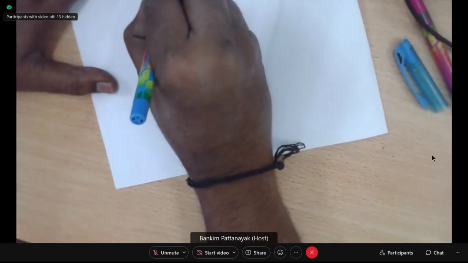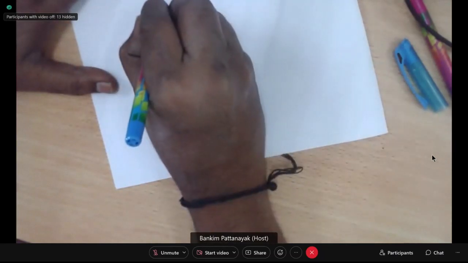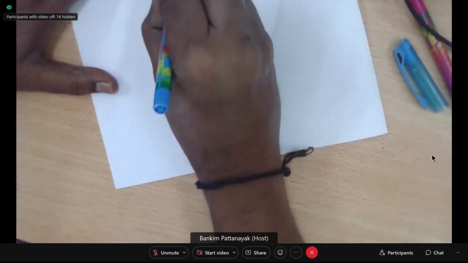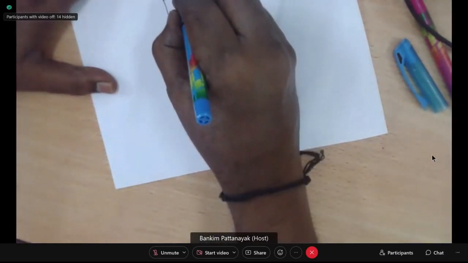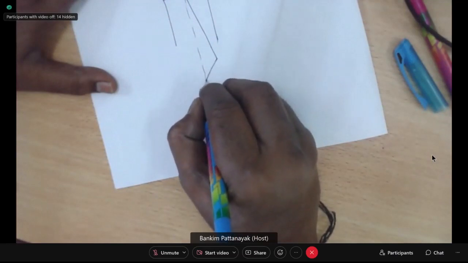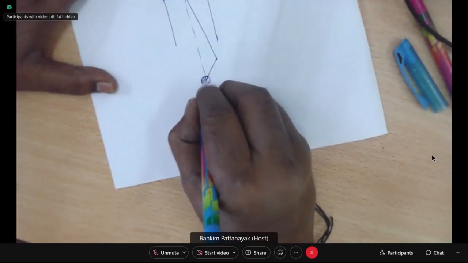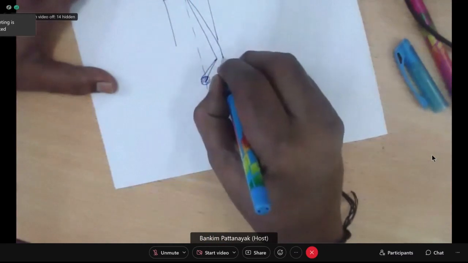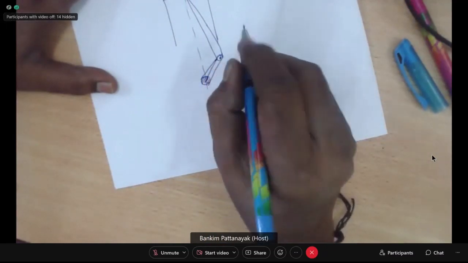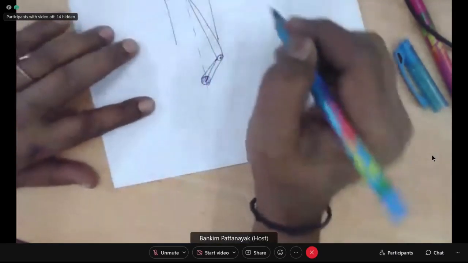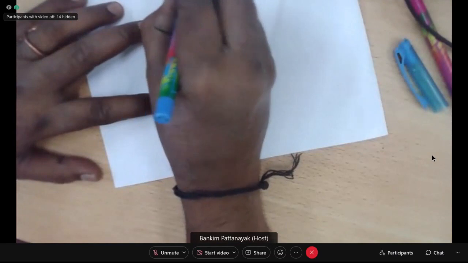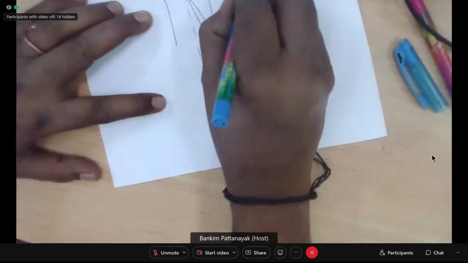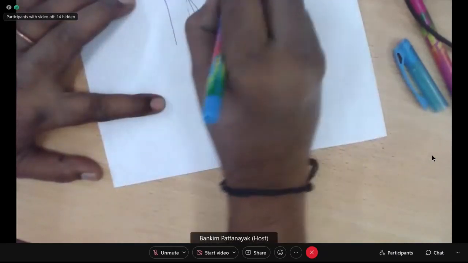How an IC engine operates actually is that this is cylinder, and this is piston.